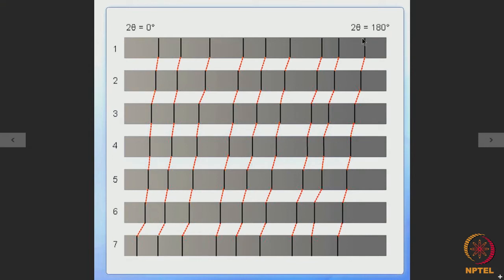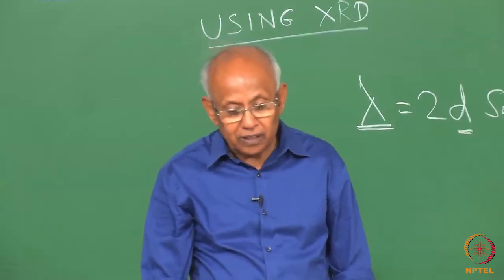Now, when we go to sample 2, an alloy, we find that yes, these lines are present in the pattern, because as I told you, the crystal structure does not change in a continuous solid solution.